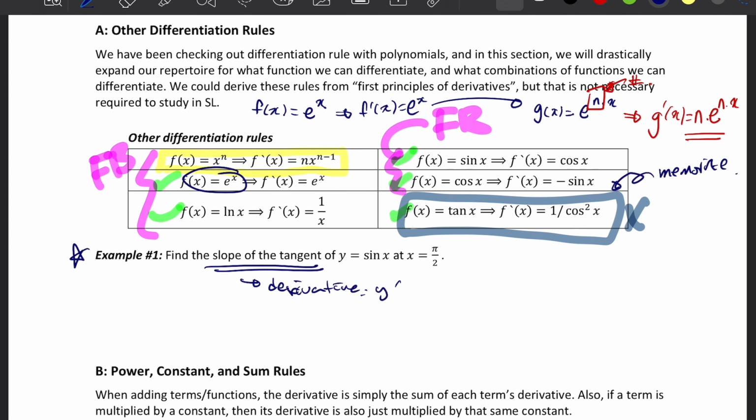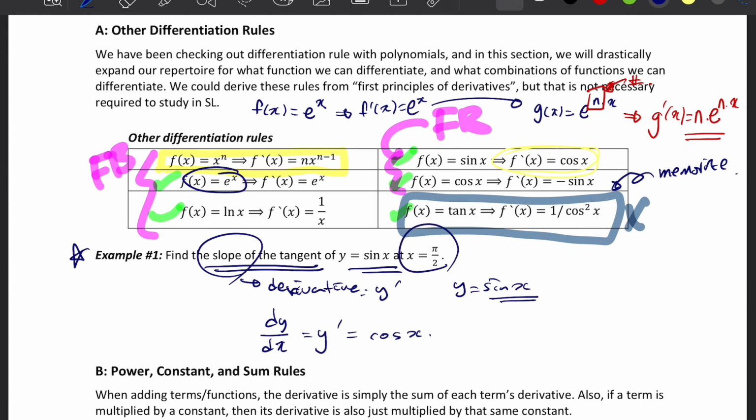So dy over dx, or y prime, since we have y equals sine x, becomes cosine x according to the rules. We need to find the slope at the point x equals pi over 2, so we substitute x equals pi over 2 as our x value.